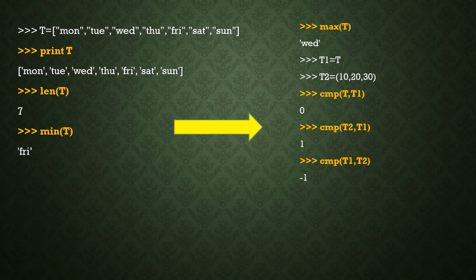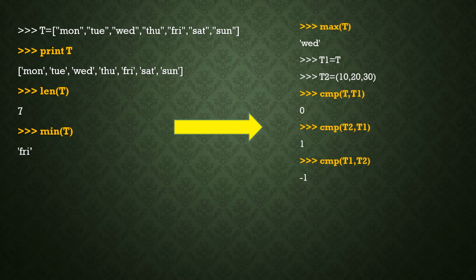Then T, next to Thursday, and then Tuesday: T, U, V, W. So W comes last, so it holds the maximum ASCII value. So max of T indicates the maximum element in a tuple.